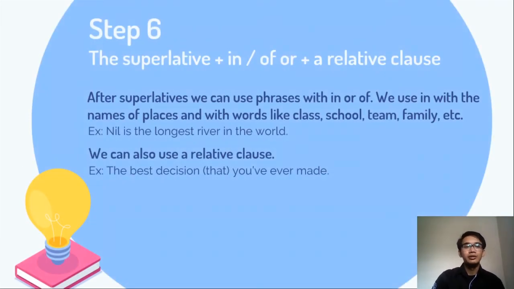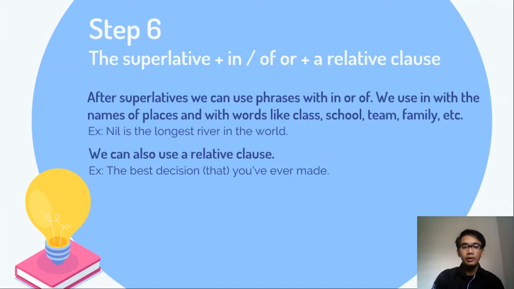Step 6. The superlative plus in or of, or plus a relative clause. After a superlative, you can use in or of. We use in with the names of places and with words like class, school, team, family, and any others. Example, the Nile is the longest river in the world.